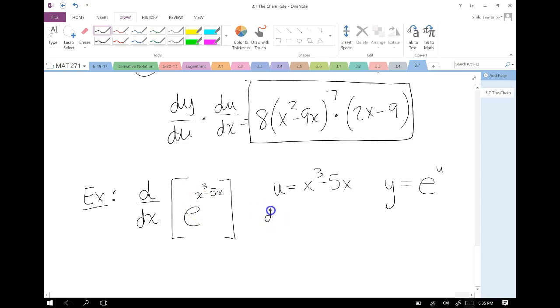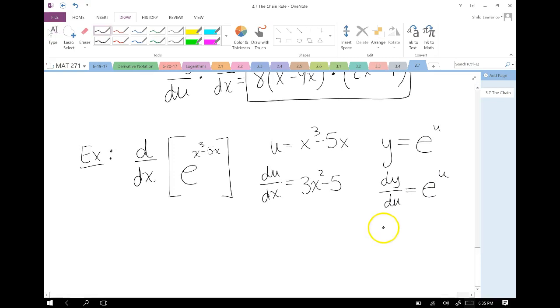We're going to take the derivatives now. du dx, because u is written in terms of x, is going to be 3x squared minus 5. dy du is just e to the u. But for our final answer, we've got to write that back in terms of x.